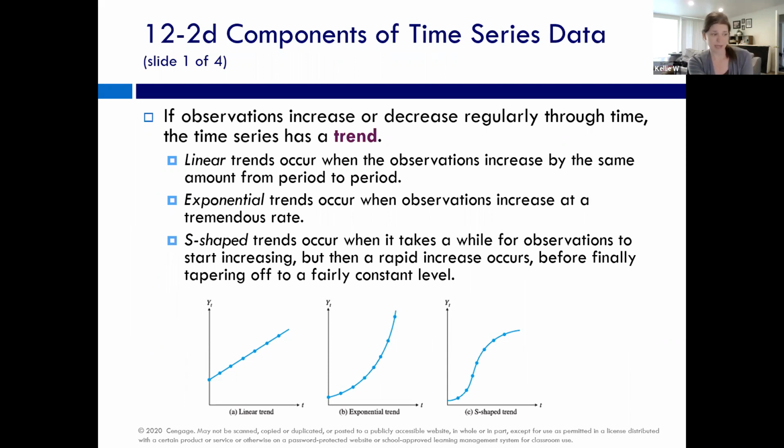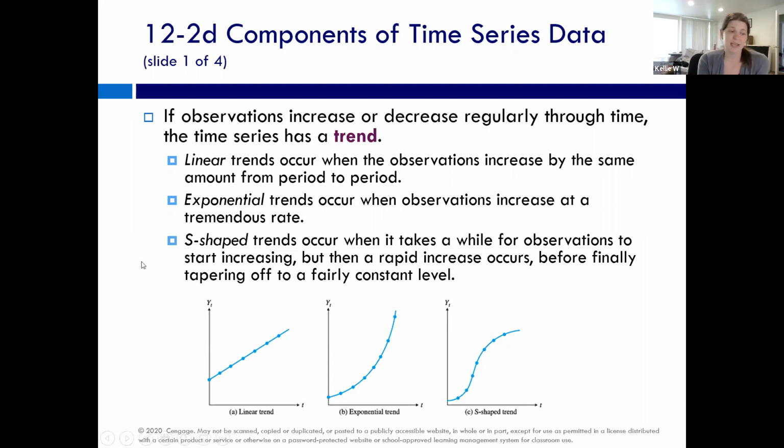All right, so what does time series data look like? If an observation has a trend of either increasing or decreasing regularly through time, then we say it has a trend. It can be linear, as in A here. So the observation is increasing or decreasing by the same amount each time period.